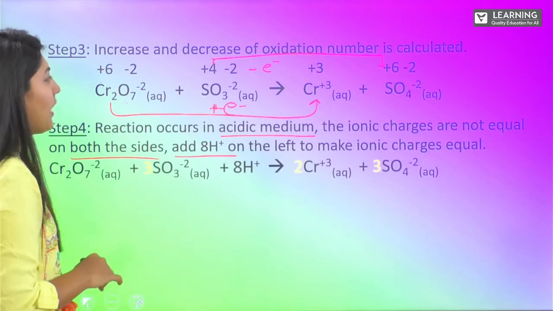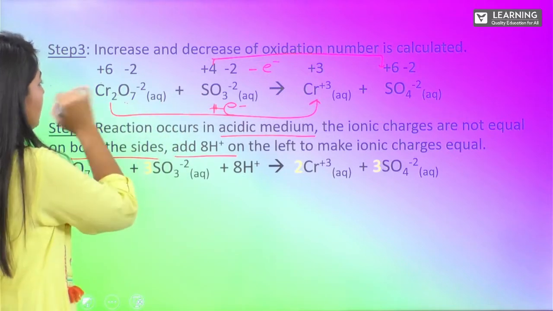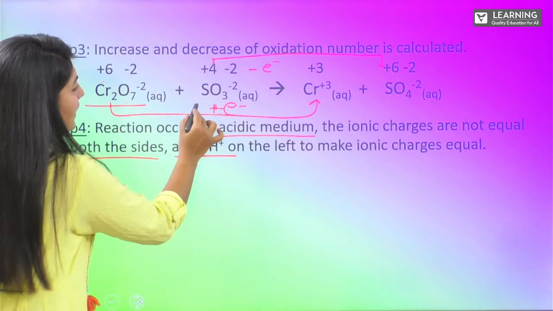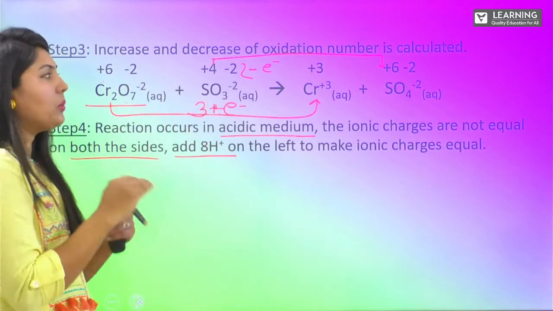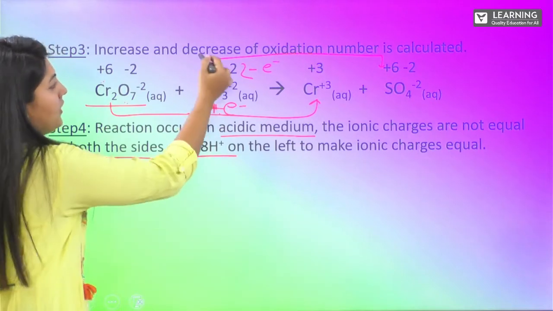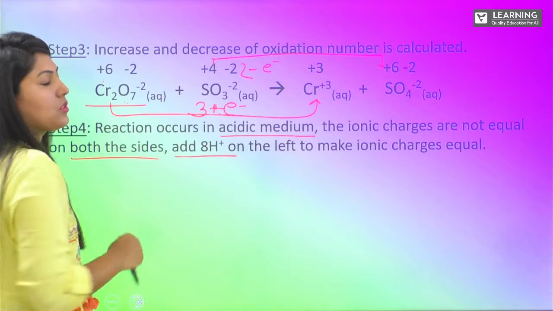Here, as I said, 3 electrons are reduced, and here 2 electrons are removed. How to make them equal? We need to multiply by 3 on the other side, so that we get 2 electrons and 3 electrons made equal.